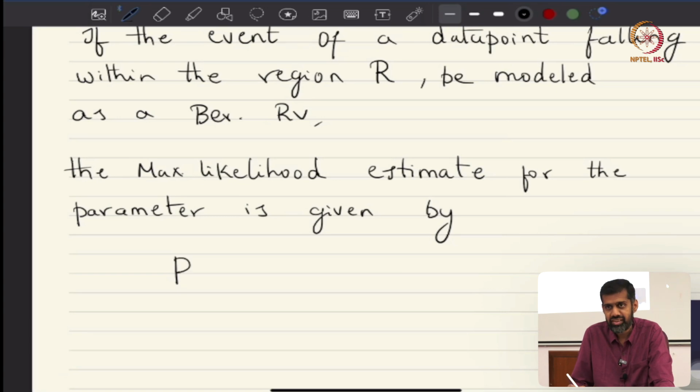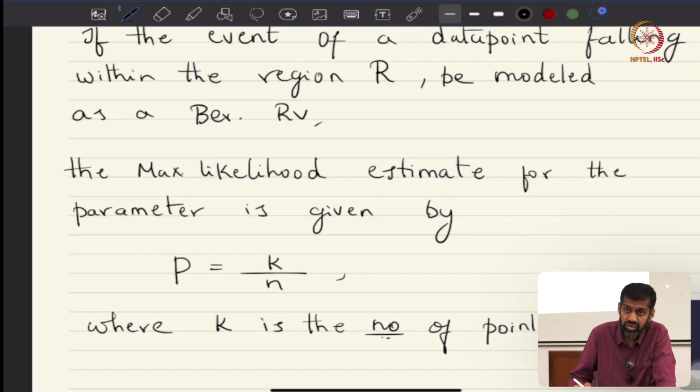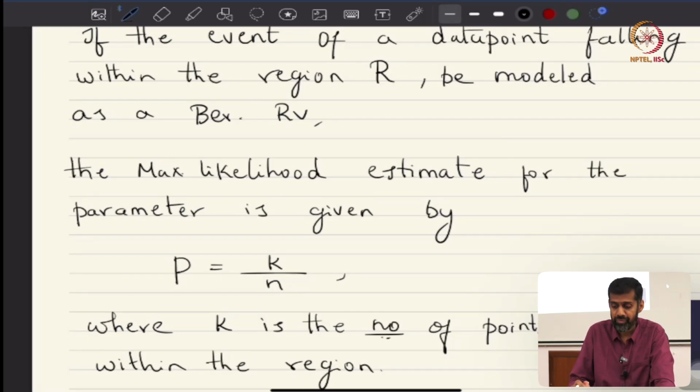What is k here, can somebody guess? k is the number of points within the region, correct?